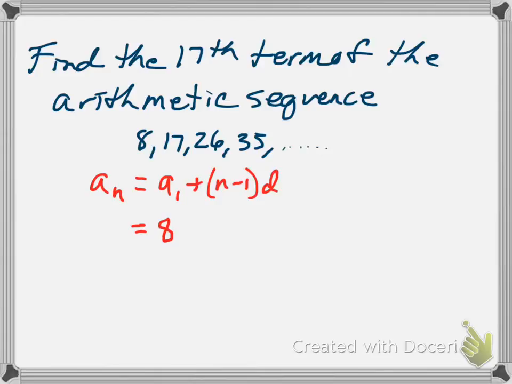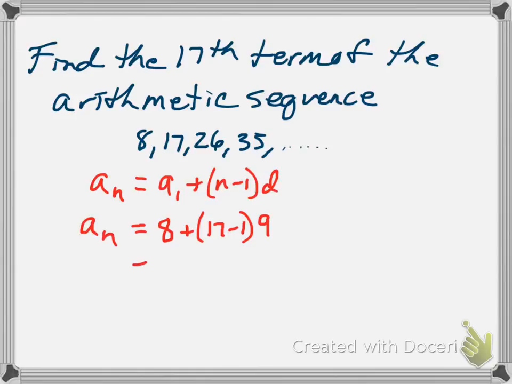The number of terms is 17. And the common difference is 9. And now all you have to do is figure that out using the correct order of operations, and that will tell you the 17th term.